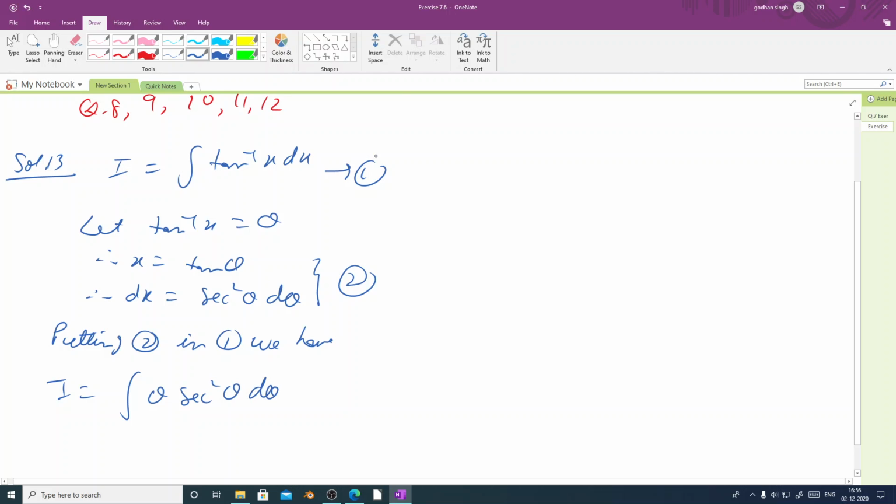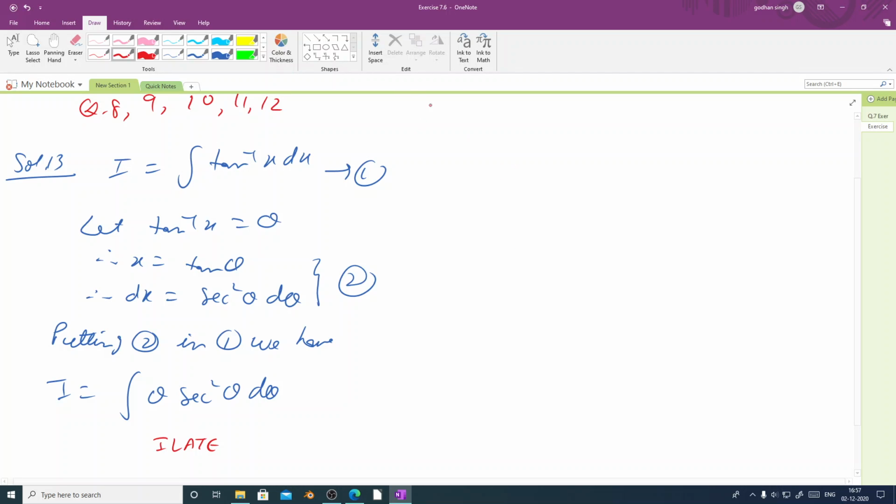So if we write the rule of ILATE, this is only rough work. A is theta, so it is coming first, and then T is trigonometric function, so it is coming later. So it is already in order. Now we'll use the UV rule.